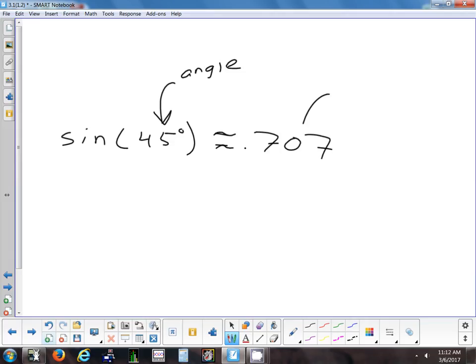And then this is just a number. If you know SOHCAHTOA specifically, it's the ratio of the opposite side divided by the hypotenuse. So it has no units. It doesn't represent anything. It's just a ratio, a fraction, opposite divided by hypotenuse. So it's just a number.